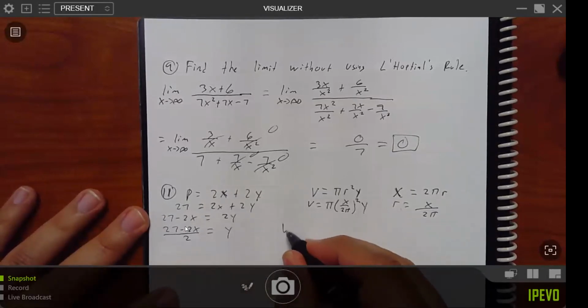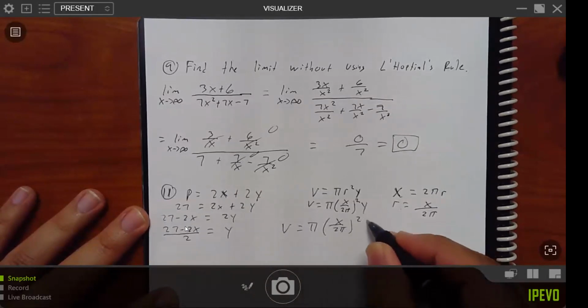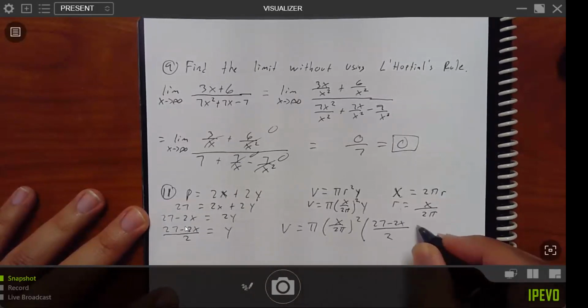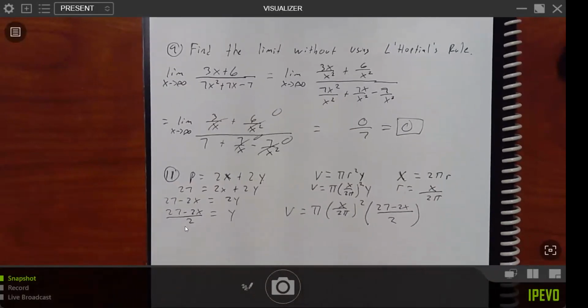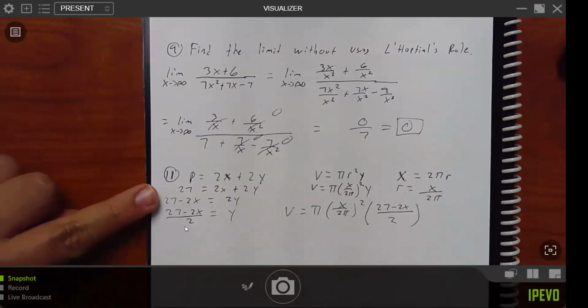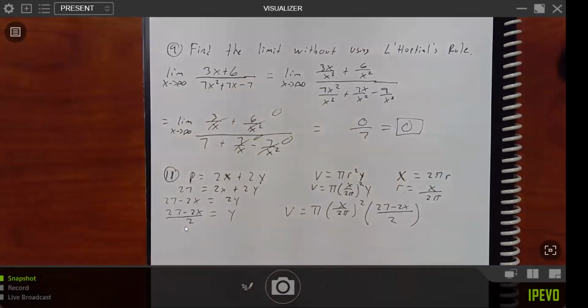That means volume is equal to pi times x over 2 pi, squared, times 27 minus 2x over 2. So I got volume in terms of one variable by using the perimeter that was given and the circumference formula. Does that make sense?